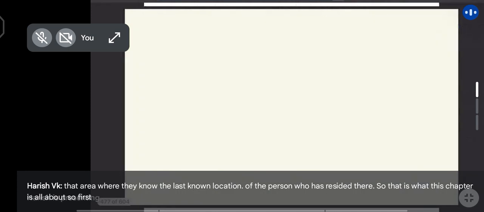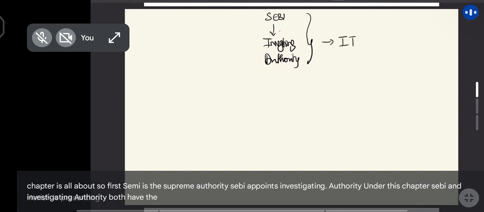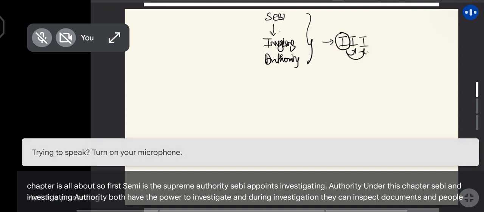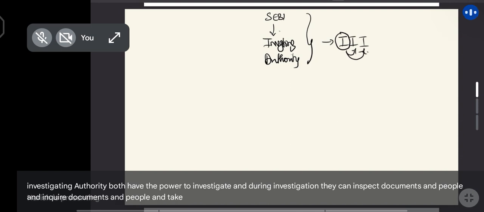So first, SEBI is the supreme authority. SEBI appoints investigating authority under this chapter. SEBI and investigating authority both have the power to investigate, and during investigation they can inspect documents and people and inquire documents and people and take copies of the same, and even do search, seizure and confiscation.